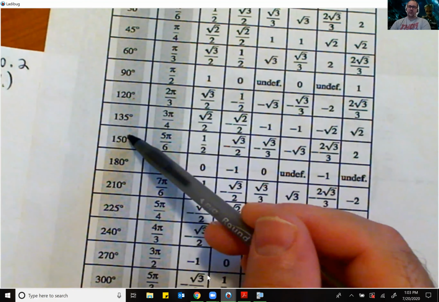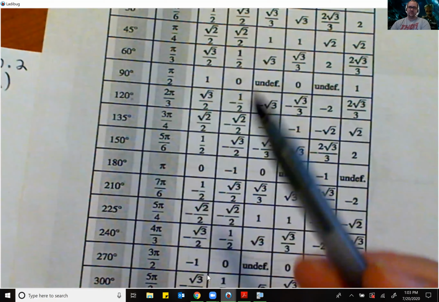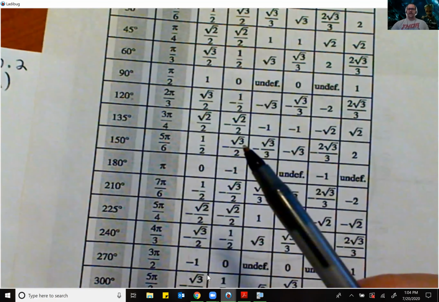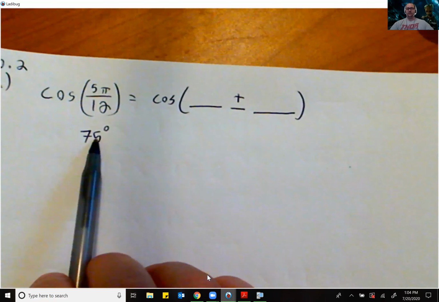Okay? Lots of ways to do this. So it's all about what angles you can think of to give you 75.